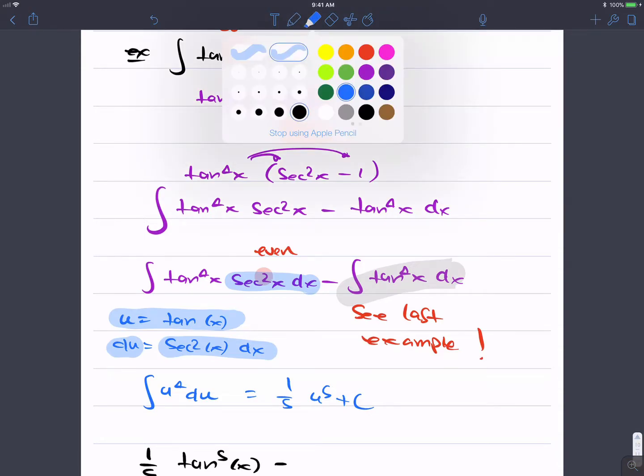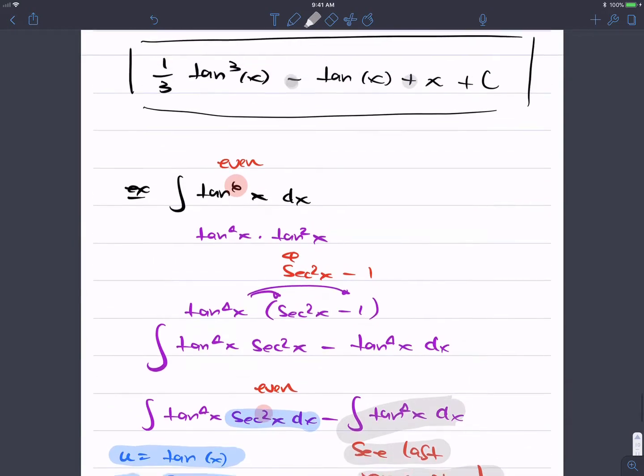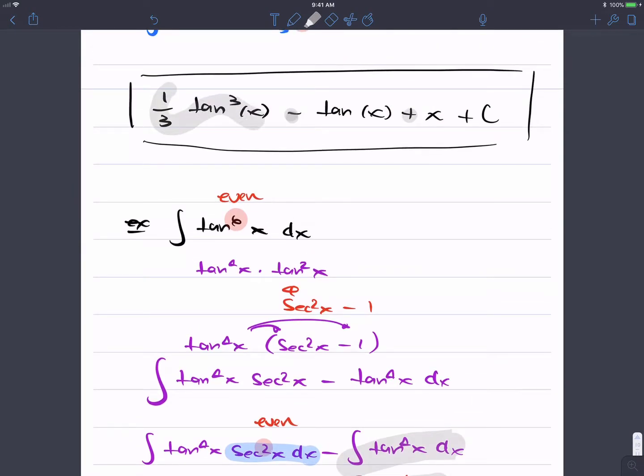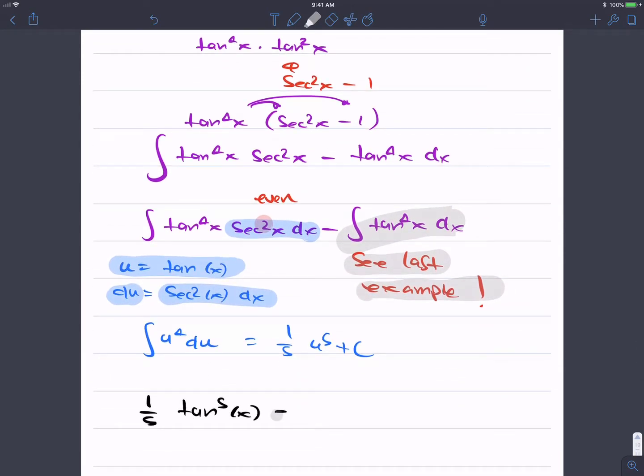See this? See last example? This is what we need to write down, but it has to have the opposite signs because there's a minus here. Sorry, there's a minus there. Okay? So let's write the opposite signs down.